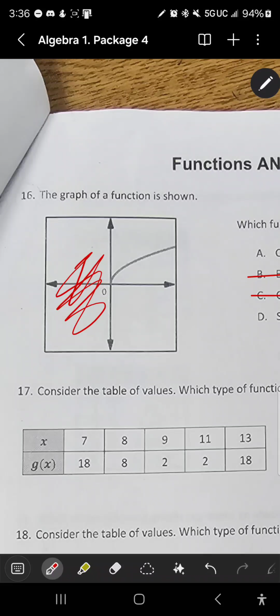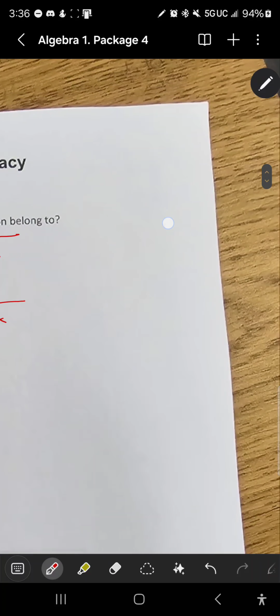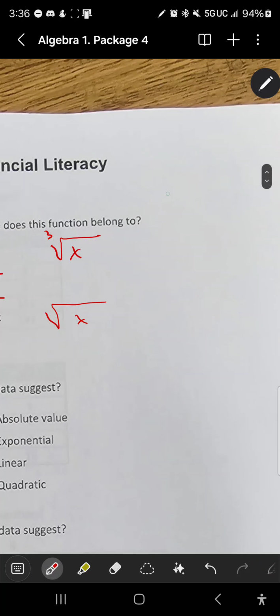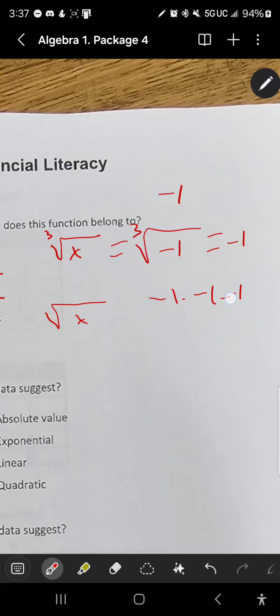So if I plug in, say, -1, the cube root of -1 is -1, because -1 times -1 is +1, and then +1 times the -1 we have left comes back to -1.